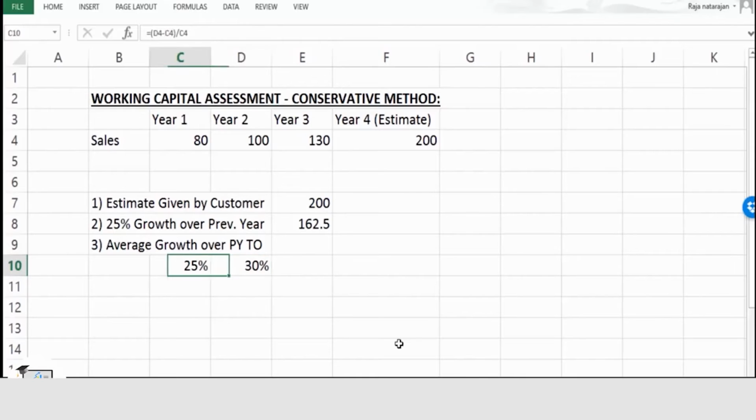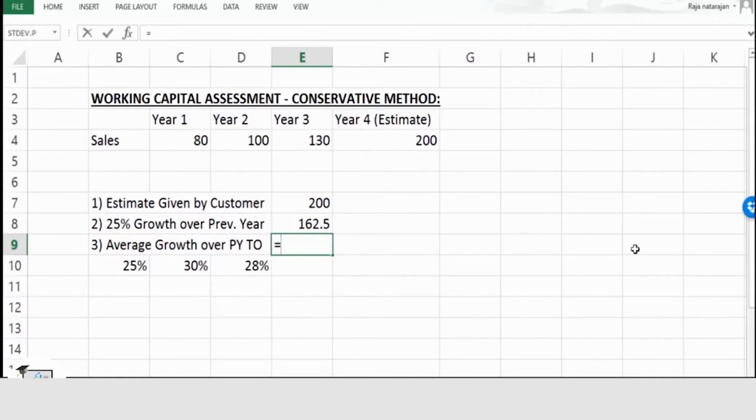So we have to take into consideration the average growth. Average is very simple. We'll take the average of these two, and it's going to be 27.5, right? So if I apply this percentage over the previous year turnover, that is on 130, then I'll have some growth.